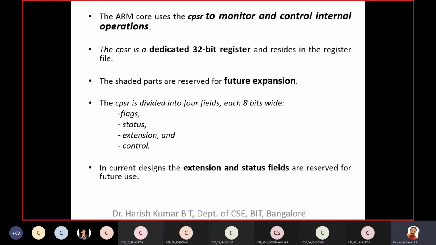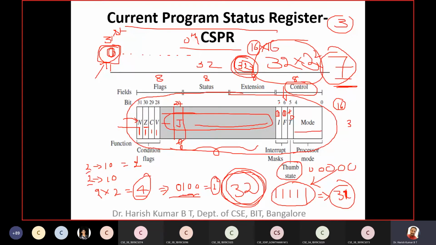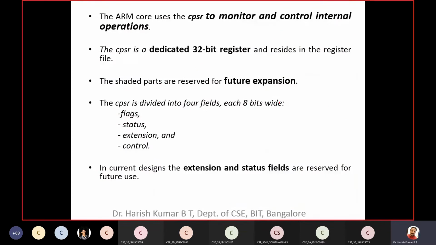Okay. Next. A whole lot of things I've explained already, and this is the explanation for the same thing. The ARM core uses the CPSR to monitor and control the internal operations. The CPSR is a 32-bit dedicated register which resides inside the register file.